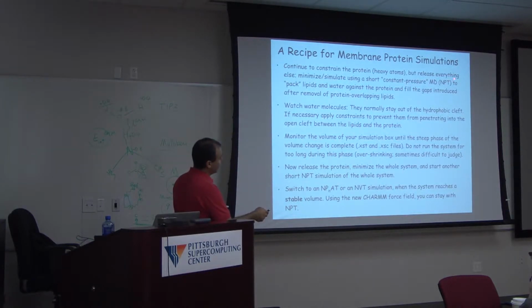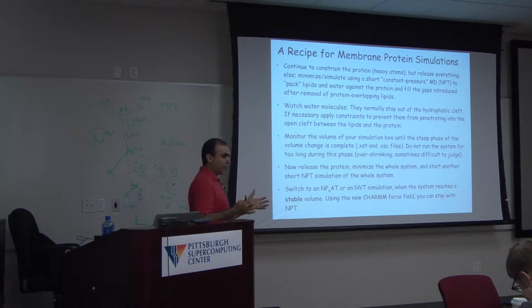And now we switch to an NPT ensemble, constant number, constant pressure, constant temperature, to allow the size of the system to change in order to pack lipids and water against the protein. Again, it's not a real ensemble in a way, because we are taking advantage of this ensemble in which the volume changes just to do our modeling, just to pack the lipids around the protein.